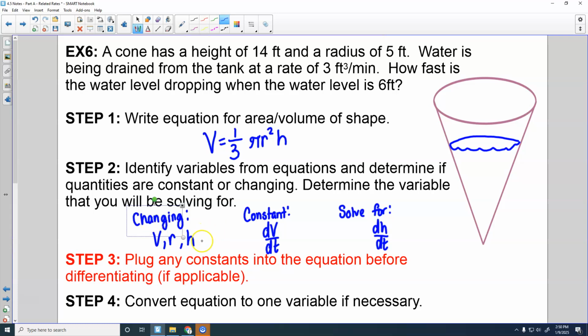So we can't plug it in before we take the derivative, but h equals 6 is the spot that we're looking at. And I should put that the constant would be negative 3 cubic feet per minute.